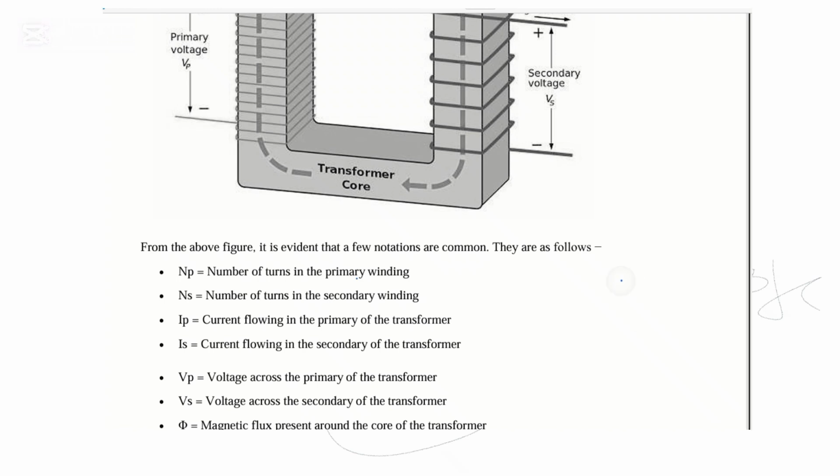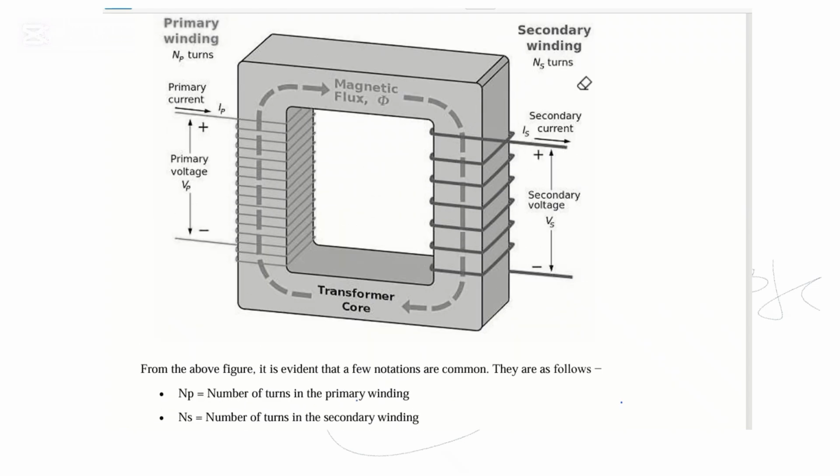Okay. So in the primary, we have the number of turns of coil that forms the primary side of a transformer. So this is the primary side, this side. So the number of turns in the primary, so these turns here in the primary side. We have NS here, the number of turns in the secondary side.